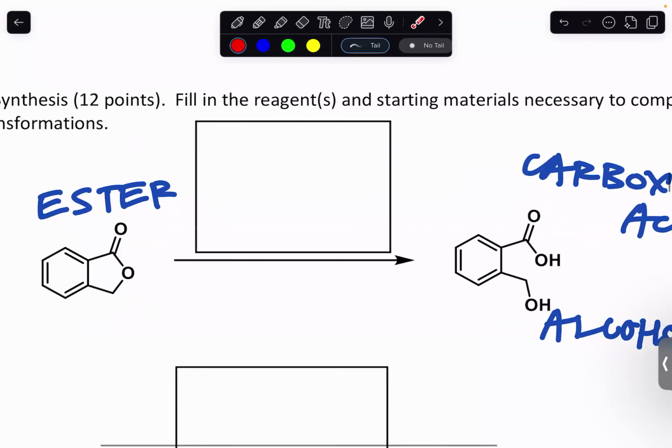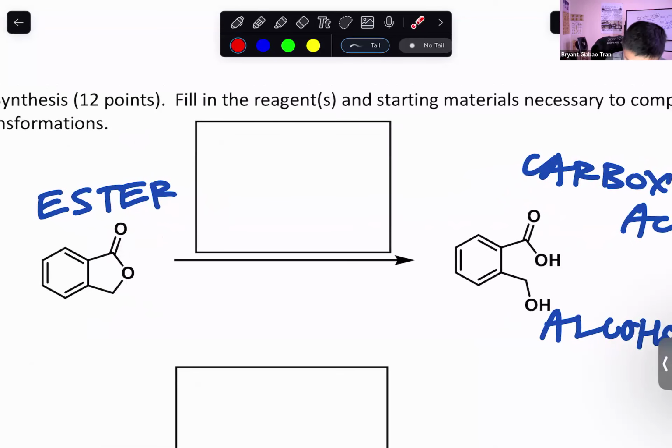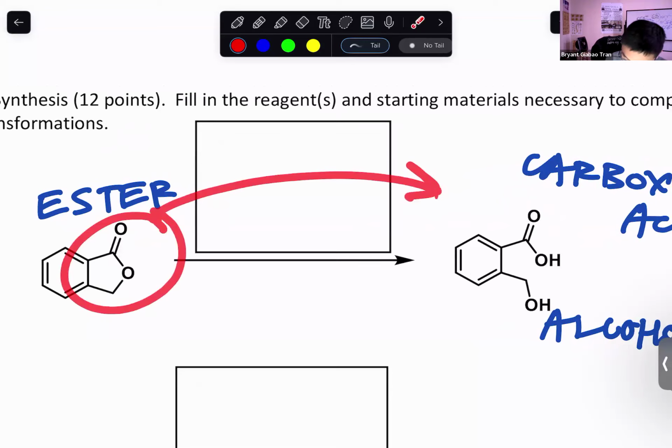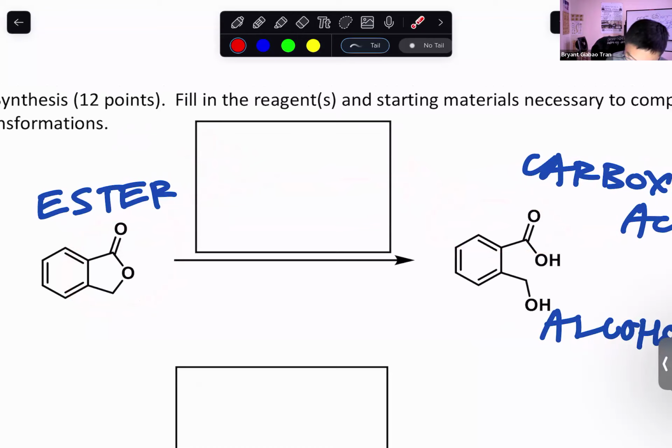Is it esterification? Yeah, so esterification is going to create an ester. So if we have an ester and we try to create a different kind of ester, that would be a transesterification. But whenever we go back to the parent functional group carboxylic acid, it's going to be hydrolysis. Right? Where we're making a cut between that carbonyl carbon and the leaving group right there, and adding this group right there, replacing this leaving group.